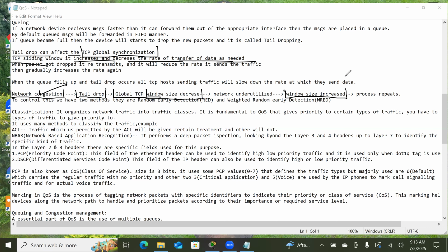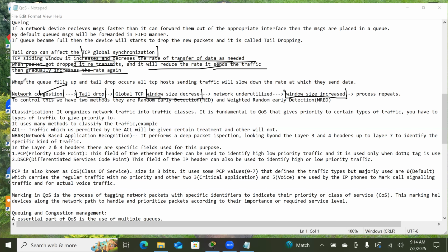So this is a continuous process of increasing and decreasing. When the network link is underutilized, it increases the bandwidth or the data transfer rate. When it finds that the network congestion on the link is really high, it decreases it. So when a packet is dropped, it retransmits, reduces the rate, sends the traffic, then gradually increases the rate again.